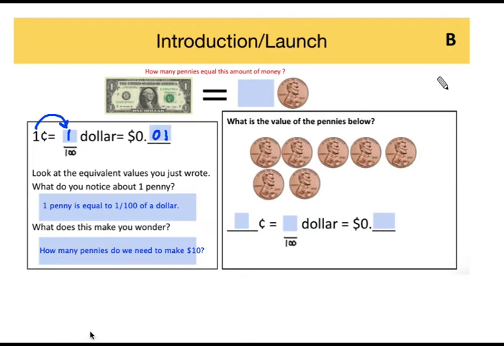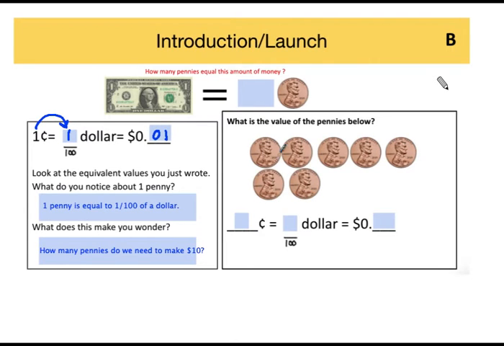Does it make you wonder how many pennies we need to make $10? We know we need a certain amount to make $1. How many would we need to get $10? We can get a lot of stuff with $10, right? We'll figure out how many we would need for $10 in a moment, but let's take a look at this box. What is the value of the pennies below? Well, we have 1, 2, 3, 4, 5, 6, 7 pennies.